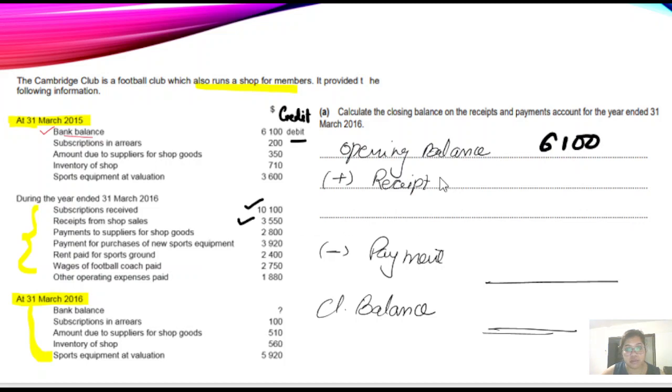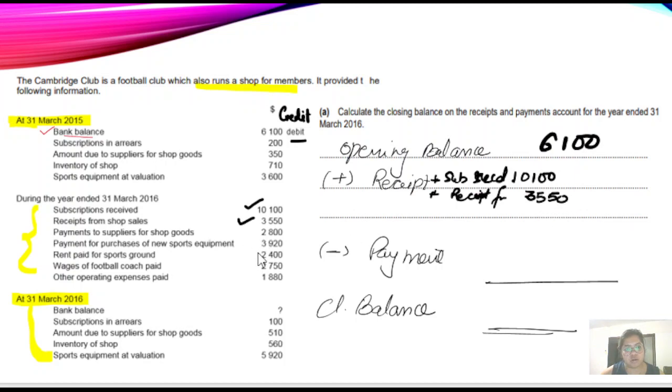So here you can write subscription received, that is 10,100, and then your next receipt from the shop sales, so you can write receipt from shop sale, that is 3550.